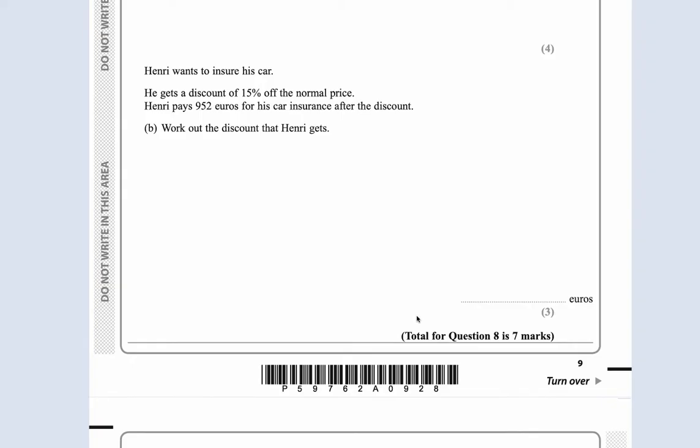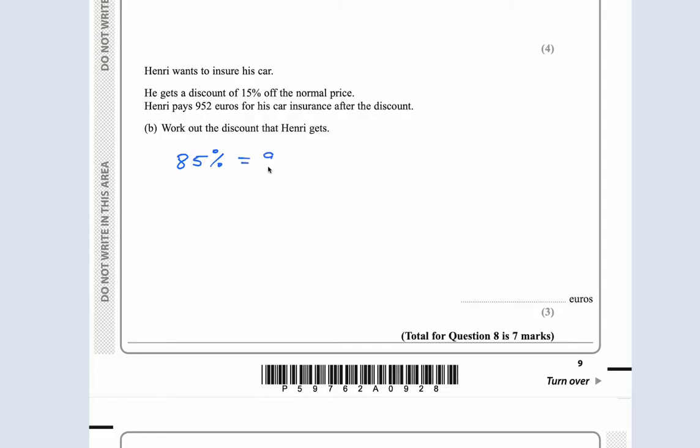Okay, Henry wants to insure his car. He gets a discount of 15% off the normal price. He pays 952 euros for his car. After the discount, work out the discount that he gets. Okay, so he gets a discount of 15% and he pays 952. That means that 952 is actually 85% of the original.